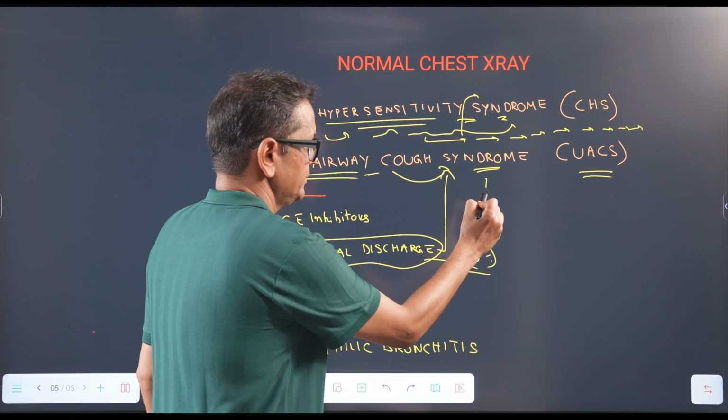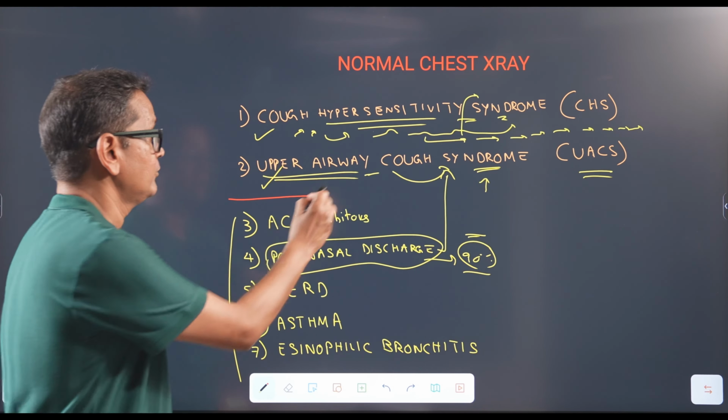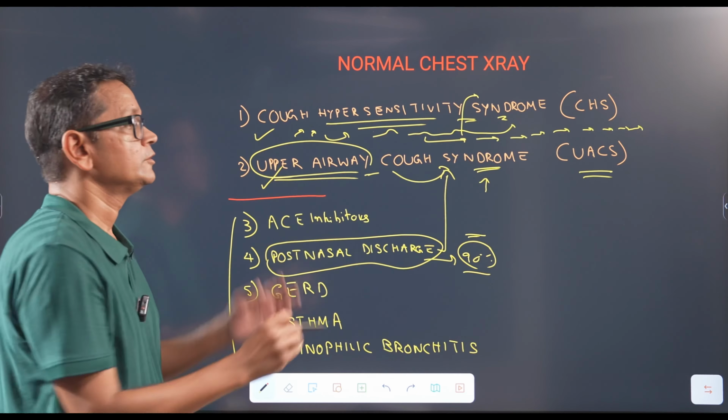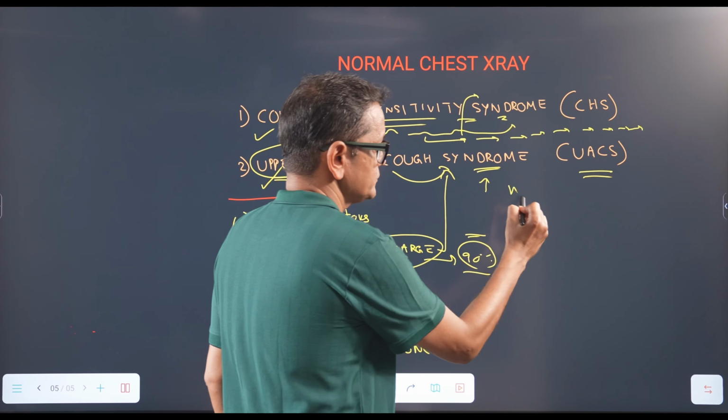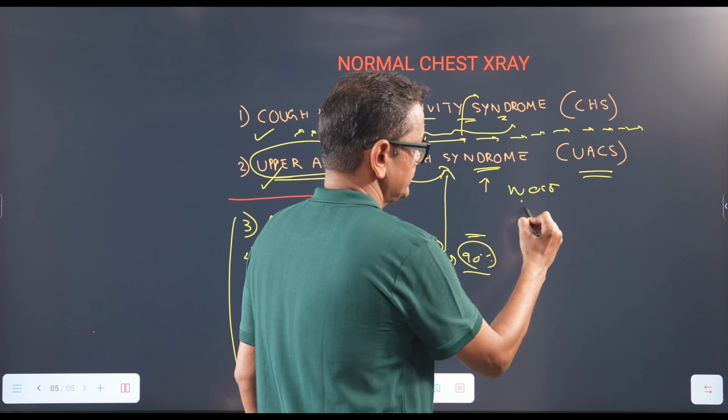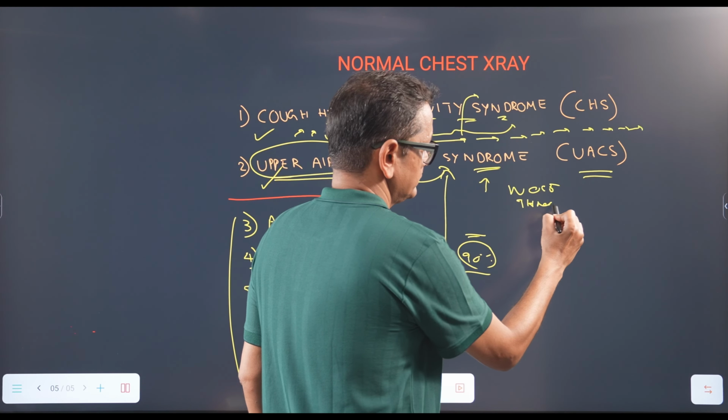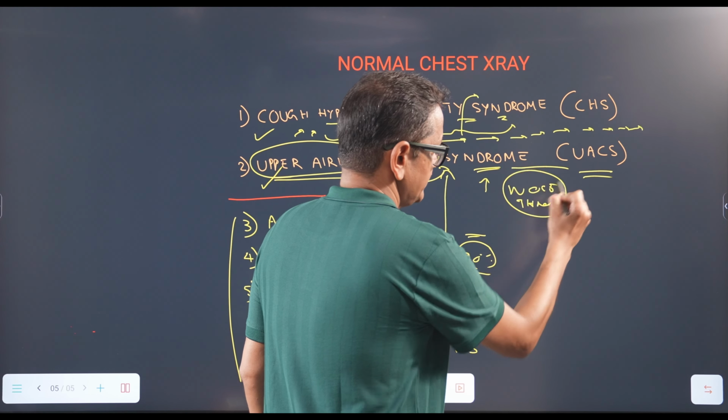So they arrived at a term known as upper airway cough syndrome. Here, if you look closely at the pathology, what are upper airways? From the nose till the glottis. So nose, throat, inflammation anywhere here.